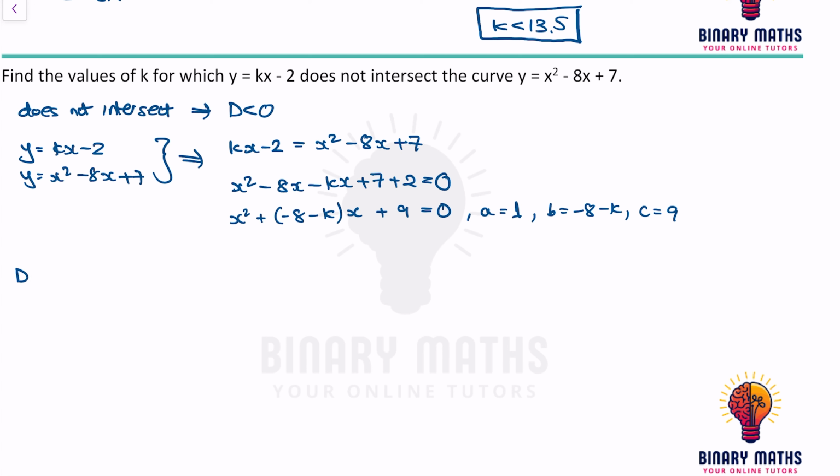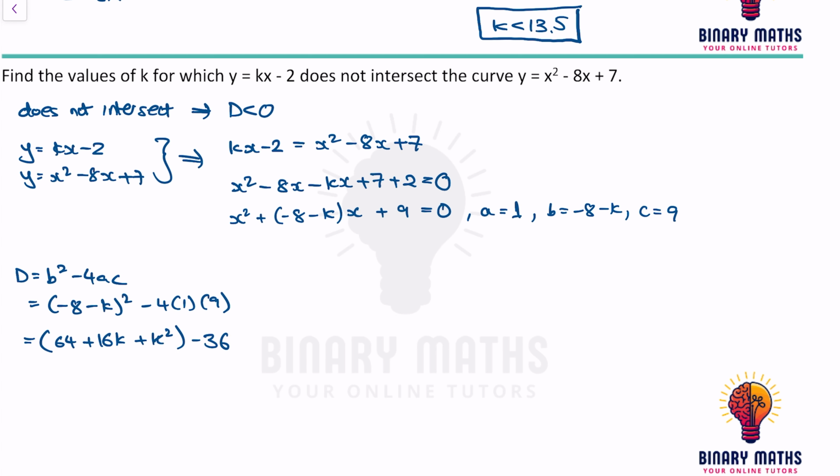So if we work out the value of the discriminant, then b squared is negative 8 take away k, squared, minus 4 times 1 times 9. If I expand the square, I get 64 plus 8k plus 8k, which gives me 16k plus k squared, take away 36.